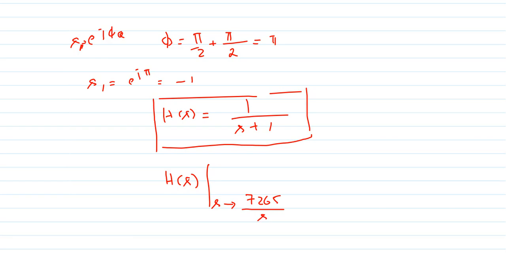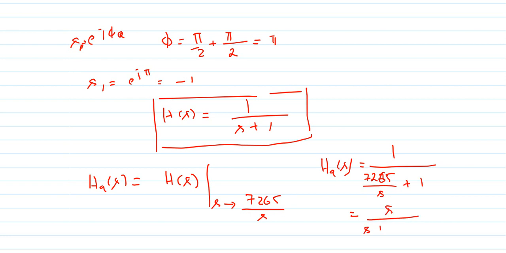So in my original transfer function, replace s by 7265 by s. It becomes 1 by (7265 by s plus 1), or it becomes s by s plus 7265. This is my analog transfer function for my high pass filter.